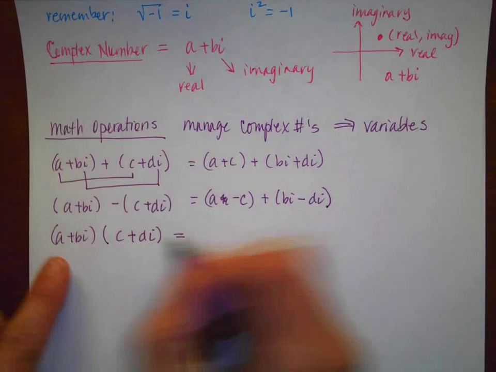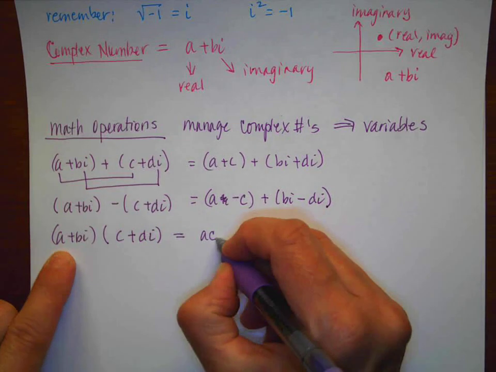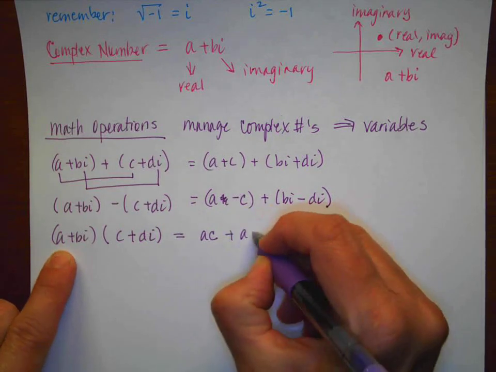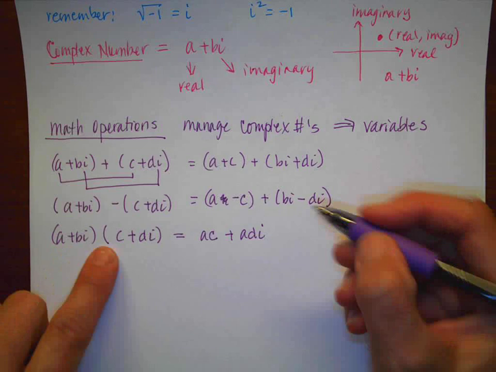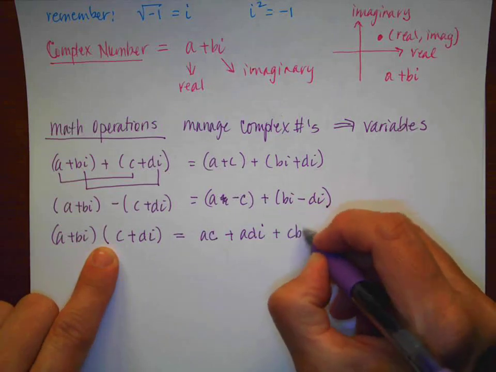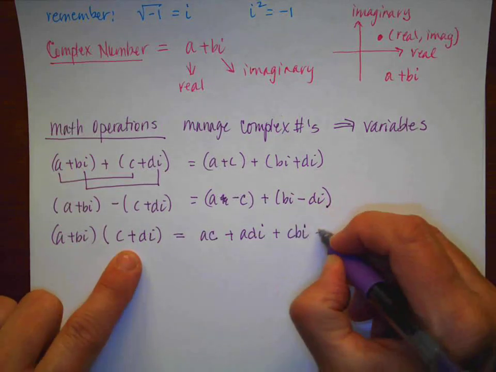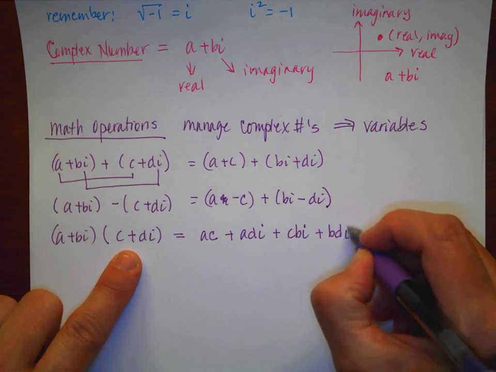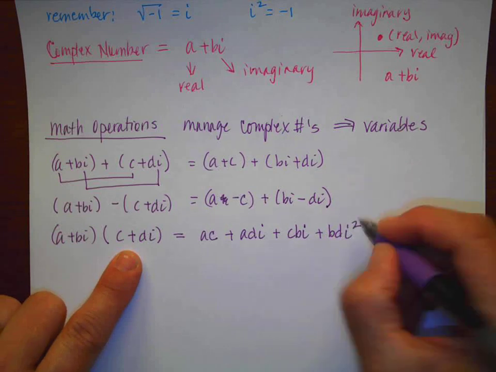So however you choose to do it, this is a times c, plus a·di, and then plus c·bi, and then plus b·d·i squared.